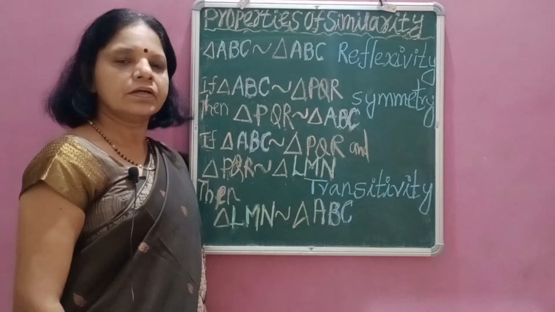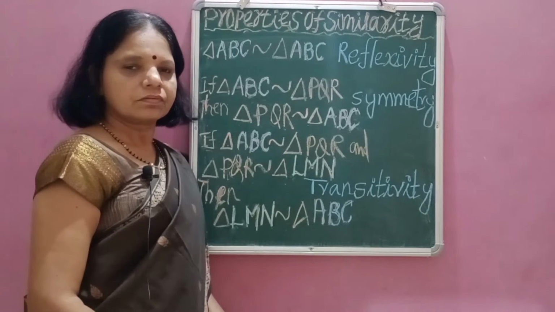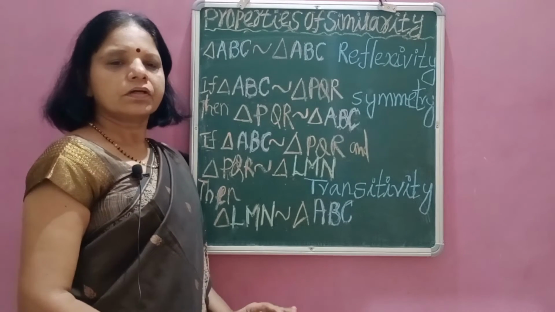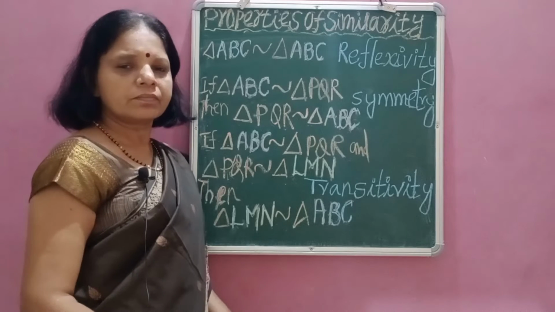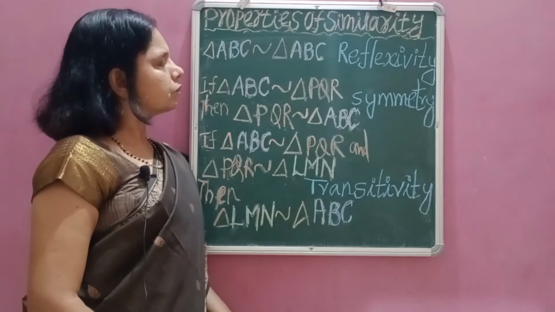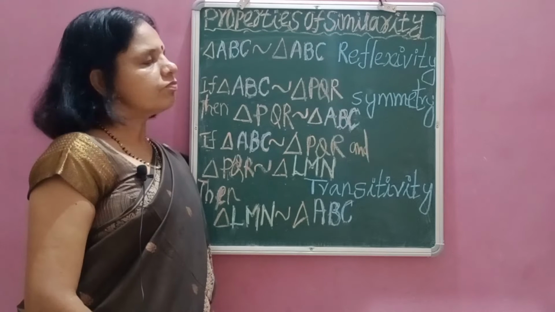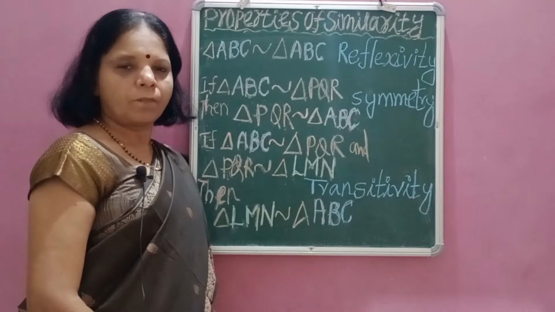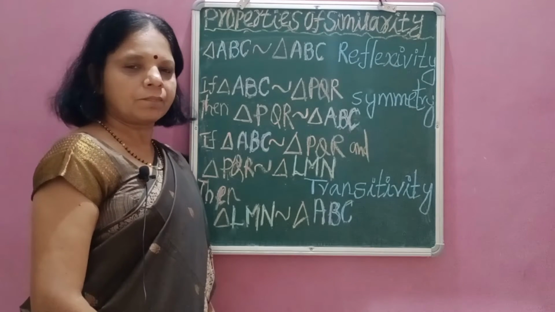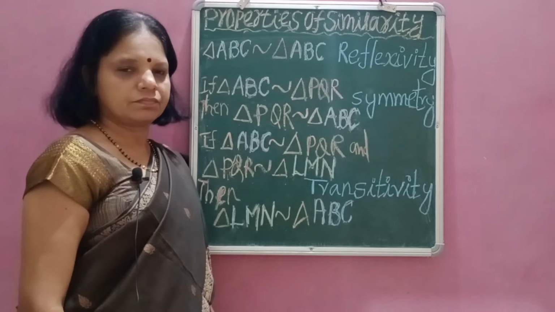Every triangle is similar to itself. Here there is only one triangle. What is the property? Every triangle is similar to itself. This property is known as property of reflexivity.